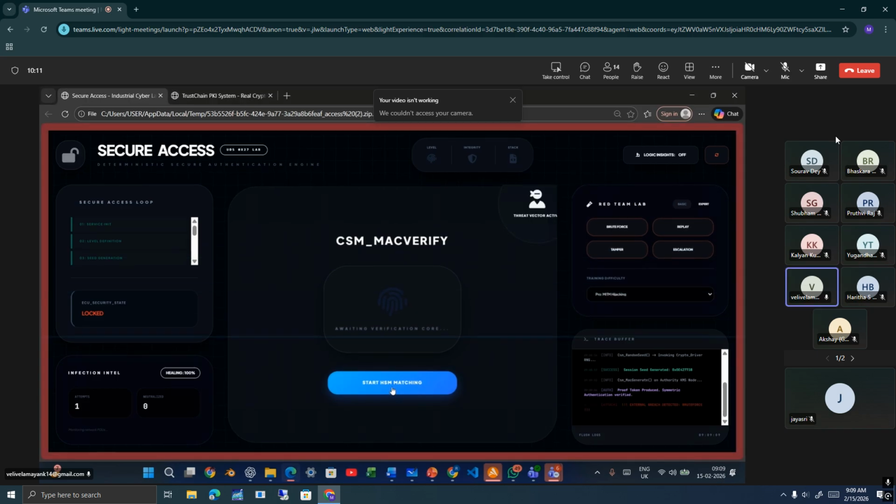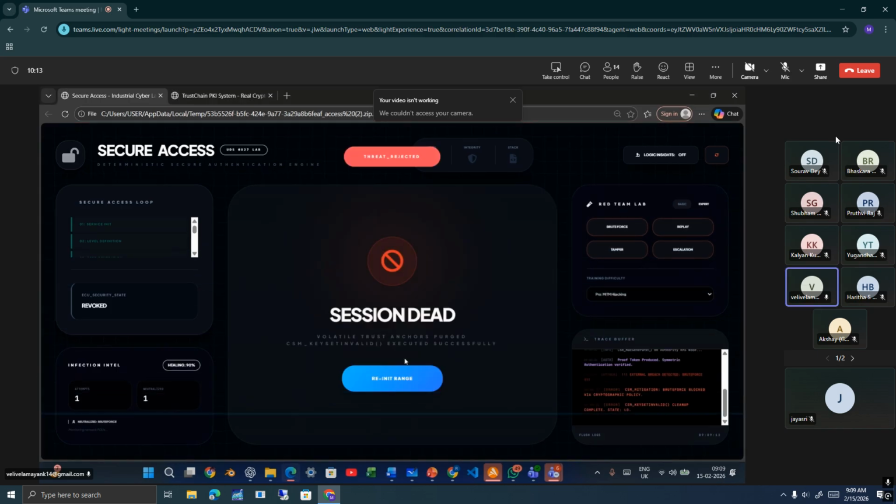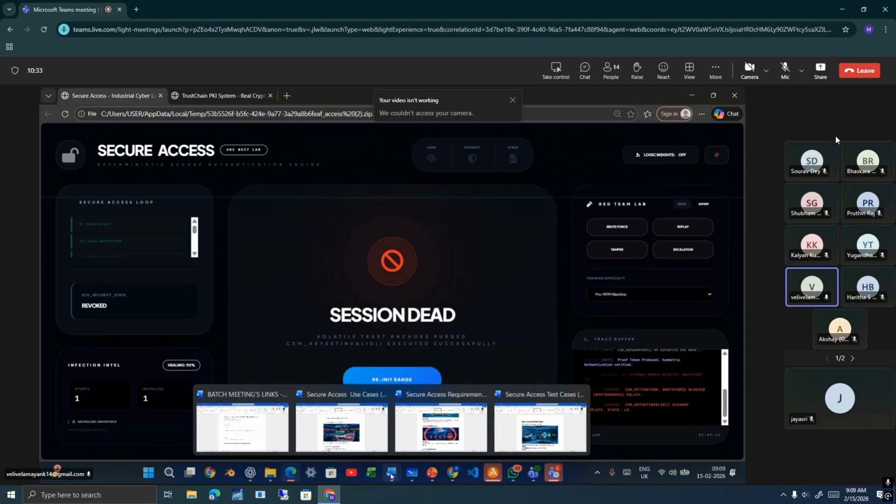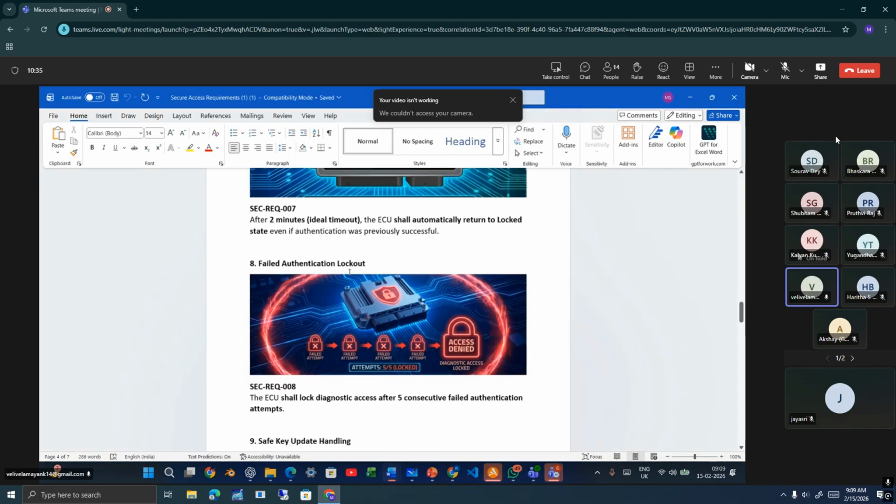Now my Mac will verify or fail. Session dead, right? For example, here I waited for a second chance. I need to wait, right? Yes, Ram. That way, if I am a sincere developer, sometimes when I implement, I will challenge that architect: please mention clearly, otherwise failed authentication lockout is nothing but that one only.